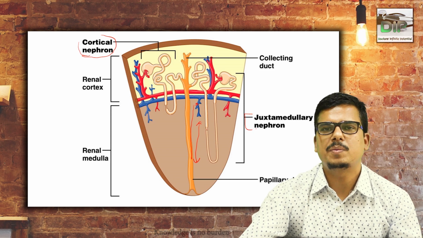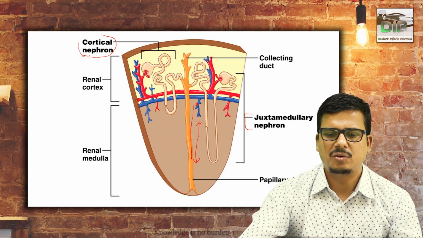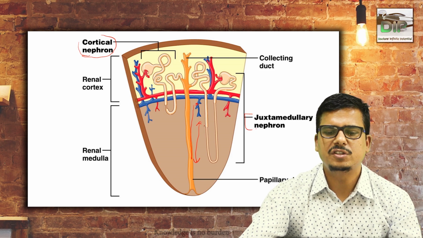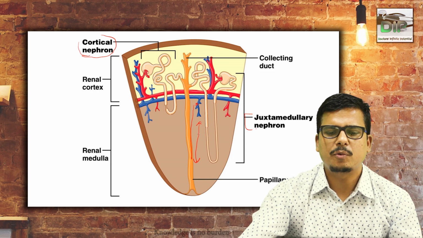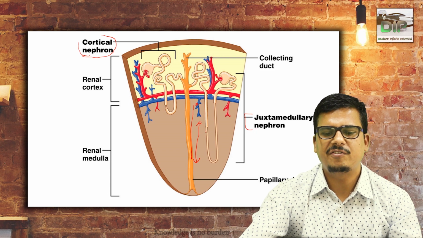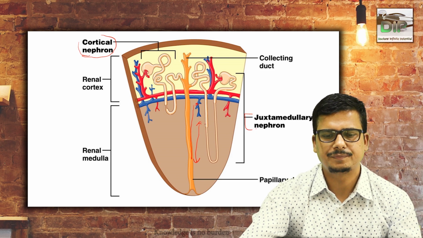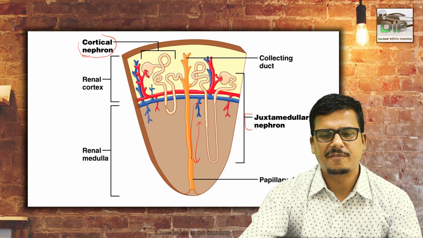How this is possible is the topic of physiology, so you can consult physiology books to know the physiology behind this maintenance of osmolarity. But what I am going to tell you is that this hyperosmolarity is very helpful for concentrating the urine. So that is the importance of the juxtamedullary nephron.